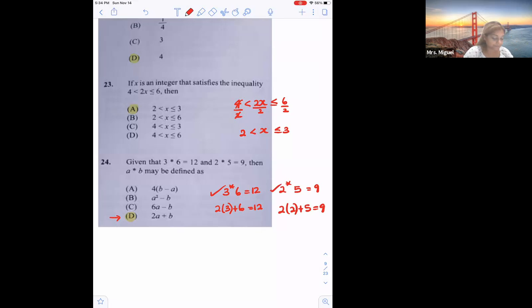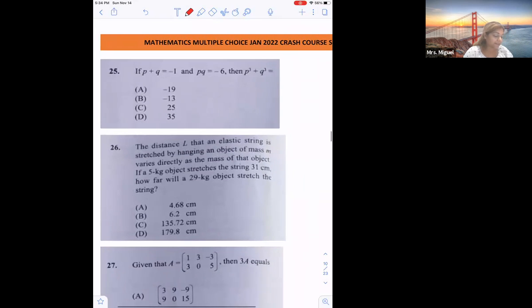All right, number 25, P plus Q is equal to -1, and PQ is equal to -6. So two numbers when multiplied together to give me -6. So it's only obvious that one of the numbers must be positive and one must be negative.